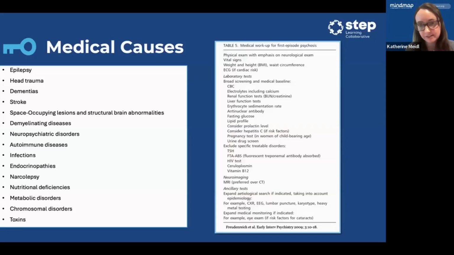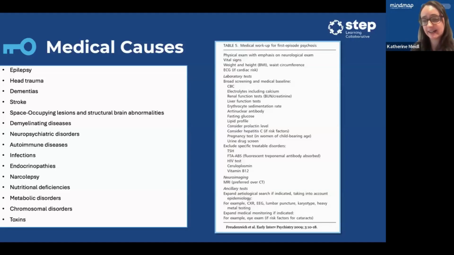Also getting basic vital signs. The weight, height, and waist circumference, EKG, those can be more utilized for monitoring based on what treatments we get, but can also be helpful in this diagnostic piece.